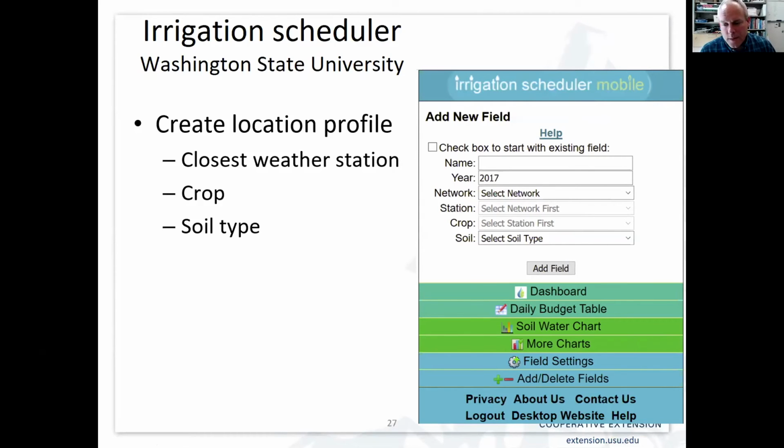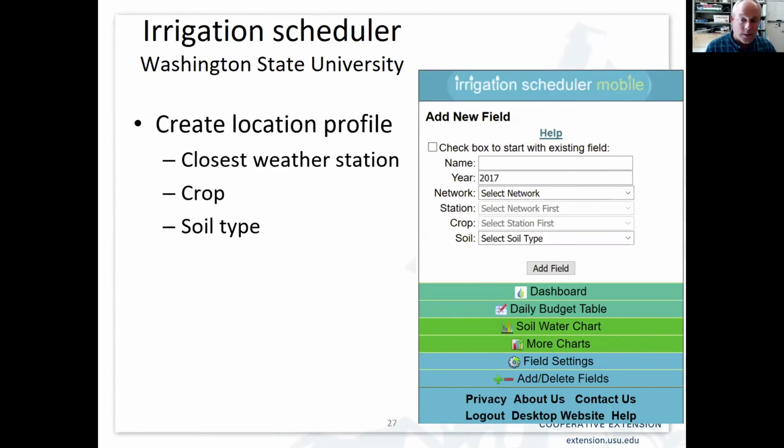And the exciting news for me here is that Utah was just added to this network. So up until last fall, we couldn't access Utah weather stations on this app, but now those have been added. So if you're in Utah, Idaho, I believe Oregon, Washington, I don't know who all else is included. It's getting to be quite an extensive set of networks.